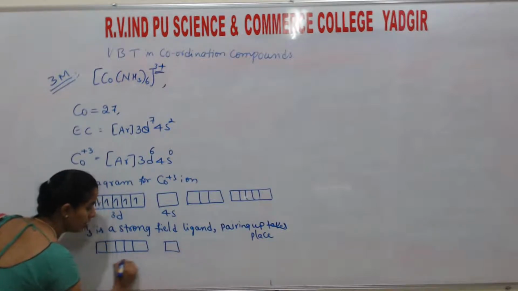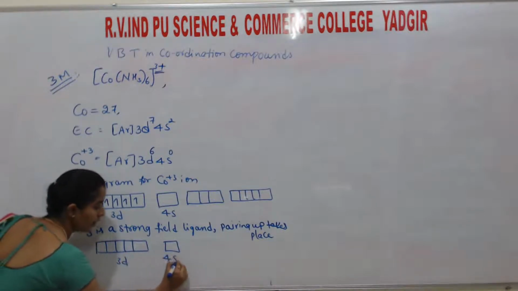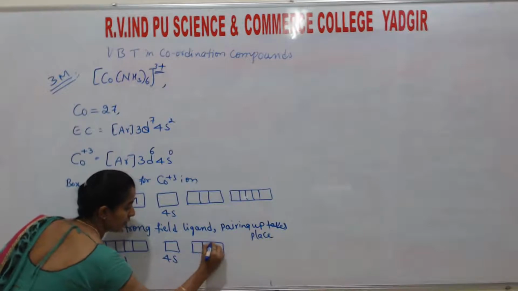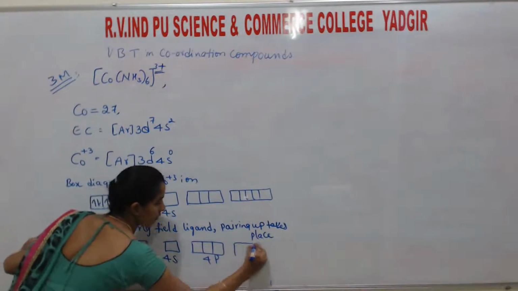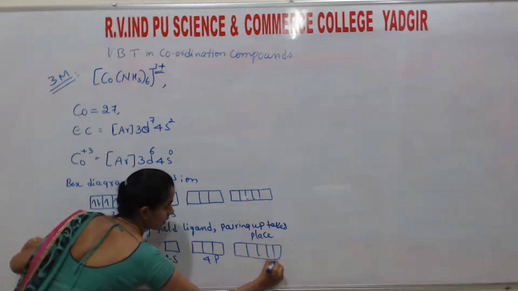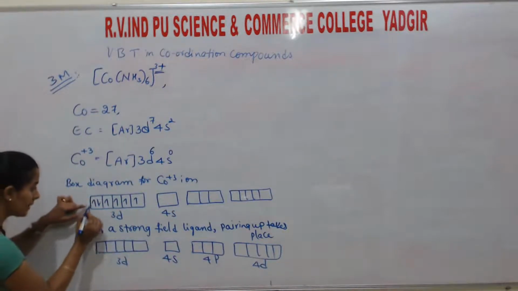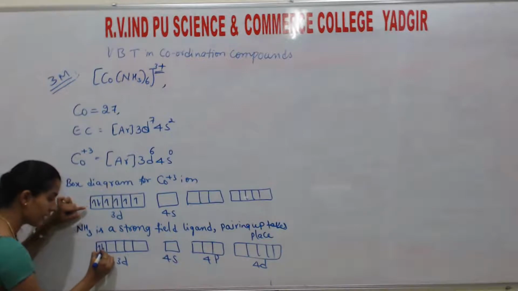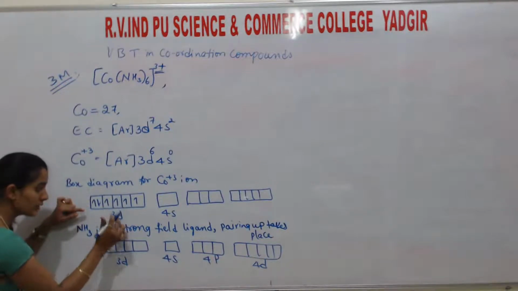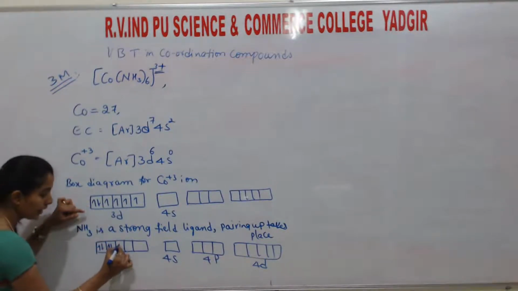Here 3d, this is 4s, this is 4p, and this one is 4d. Pairing up takes place means here it is already paired. Again 1, so this electron pairs up here. Again 1, so this electron pairs up here.